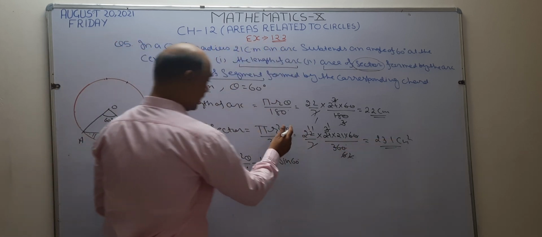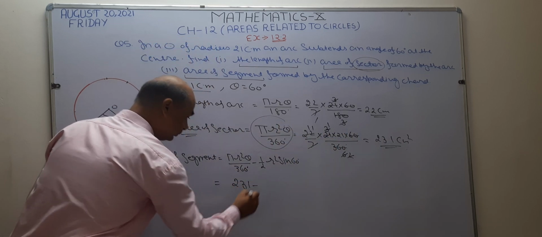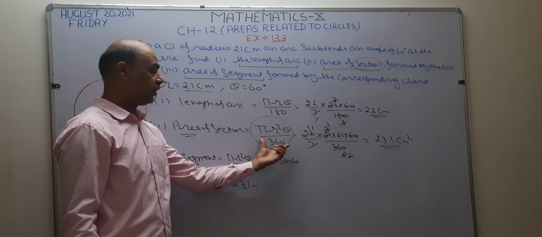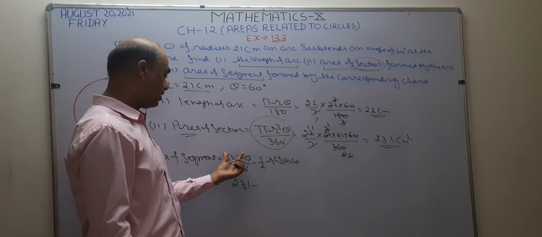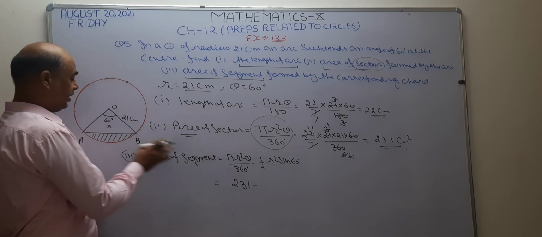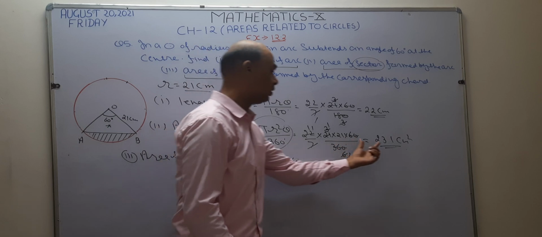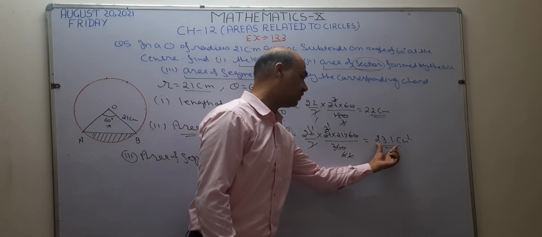So instead of this pi r square theta upon 360, you can write directly 231. Clear? This formula I will use. How do we find the area of minor segment? Area of sector minus area of triangle. So this is area of sector. Already you found the value of area of sector, which is 231.